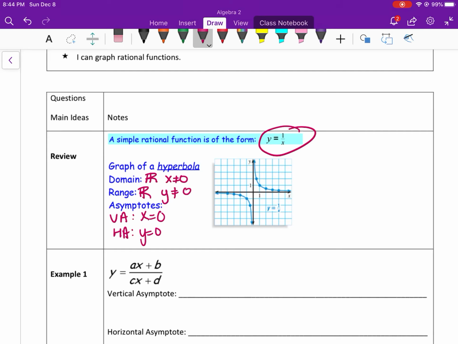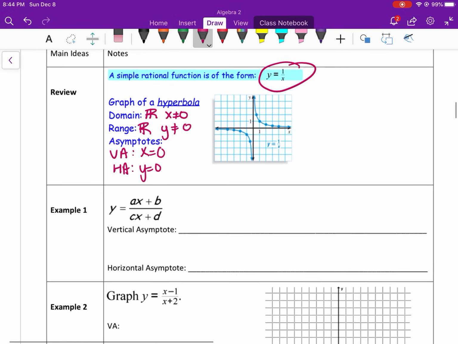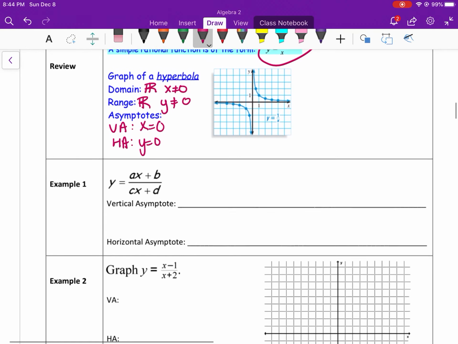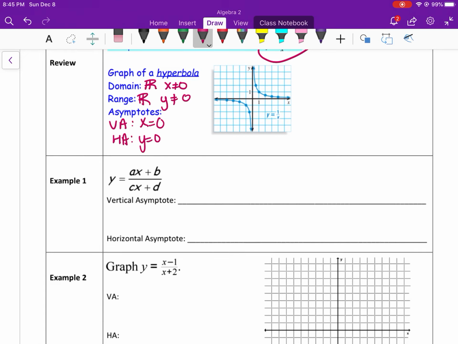So that's a very simple case. When we get a little bit more complicated, so when we have two linear functions divided by one another, like two polynomials that are both linear, then the rules change a little bit.